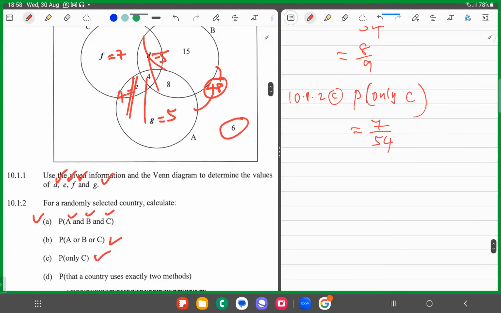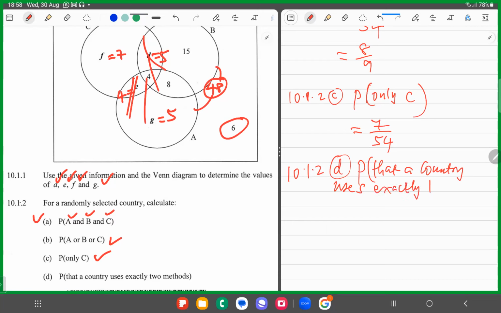Next, we're looking at 10.1.2, part D. The probability that a country uses exactly 2 methods. Look at this one.